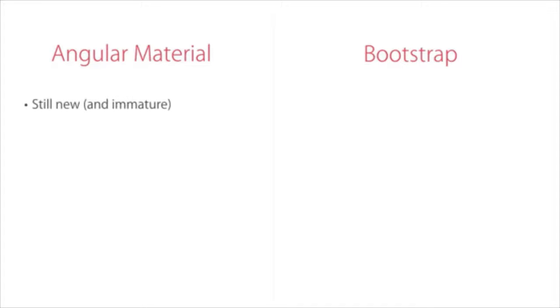Angular Material is still new. It doesn't have all the components that we have in Bootstrap. So if you want to build an application with a complex user interface, chances are some of the components that you need may not currently be part of Angular Material. So then you might have to use Bootstrap. But as I told you before, because we cannot use Bootstrap JavaScript easily in our Angular applications, we have to use third-party components that are based on Bootstrap.